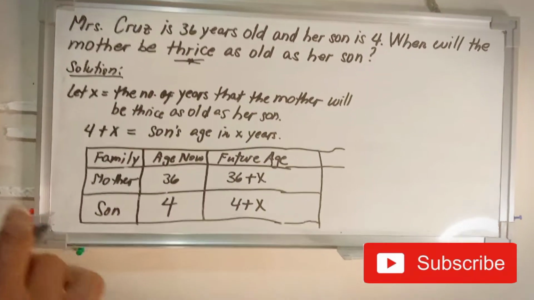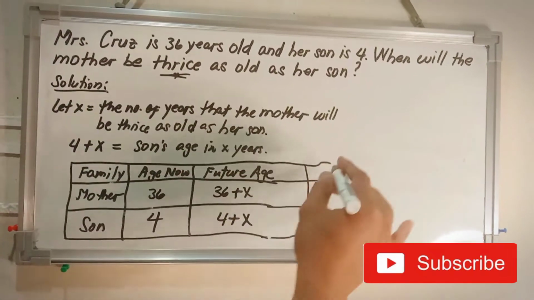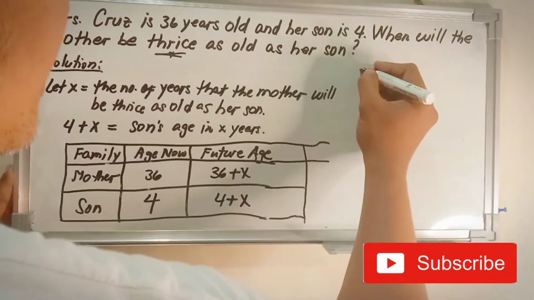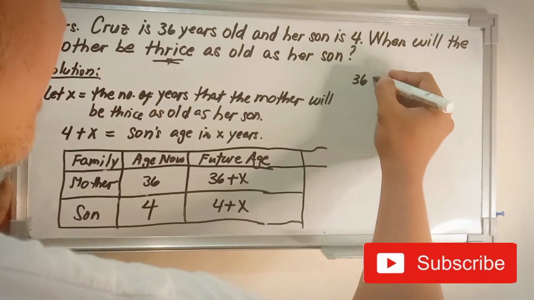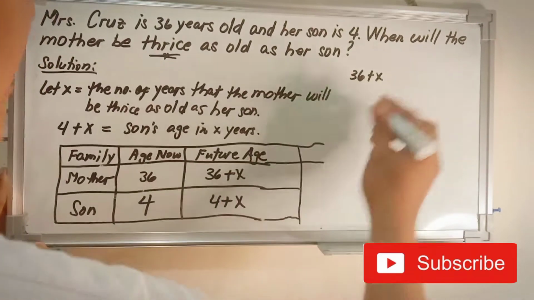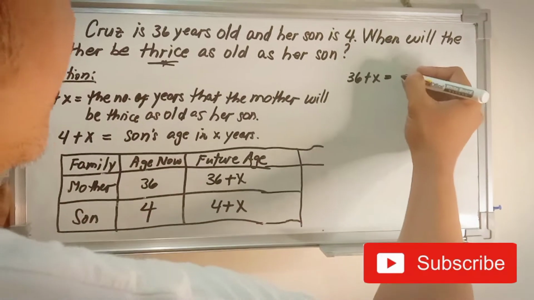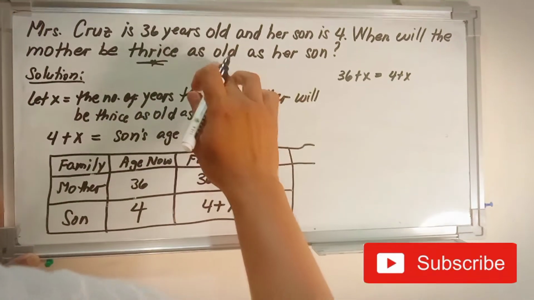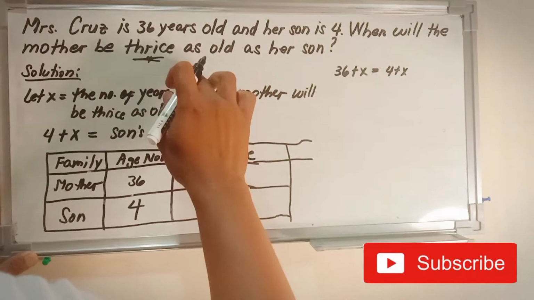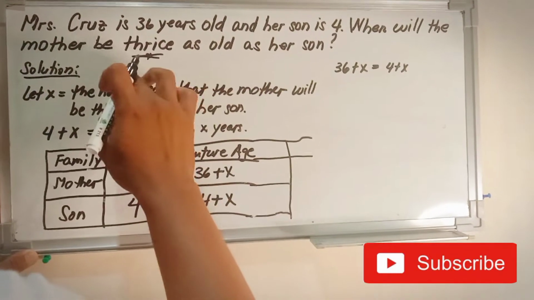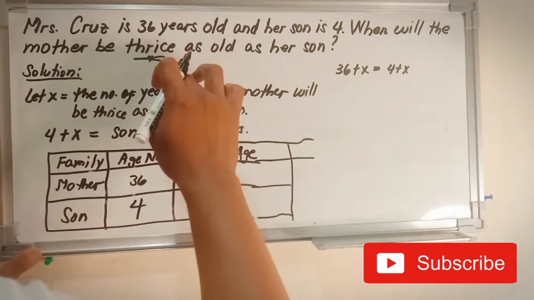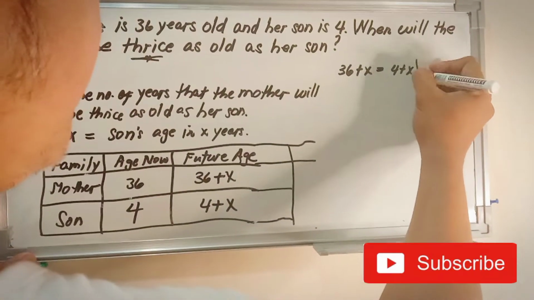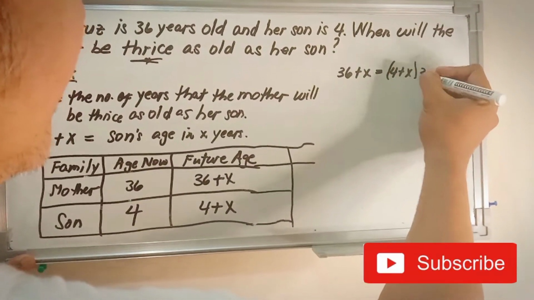Now, to equate these two conditions, we have 36 plus x is equal to 4 plus x. Since there is a condition here, thrice, the mother's age will be thrice as old as her son's, so this will be multiplied by 3.